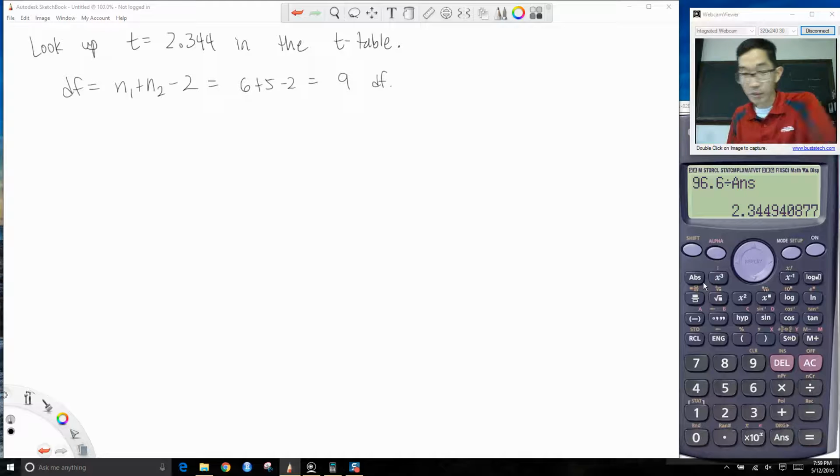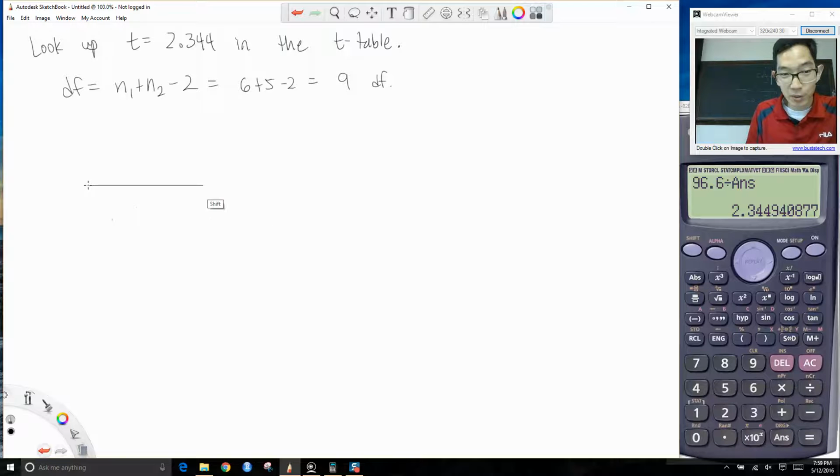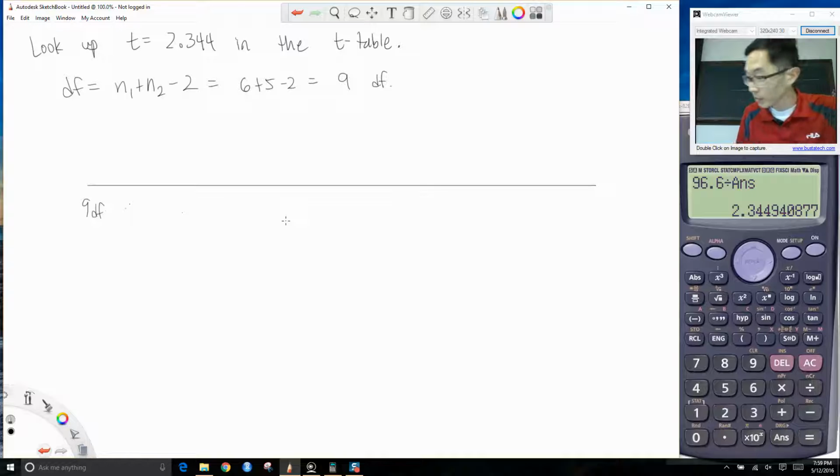Okay, so if you look at the reference table, we're going to go to the row that says 9 degrees of freedom, and I'm going to pull out just a few values. I've got 2.150, 2.262, 2.398, and 2.821.